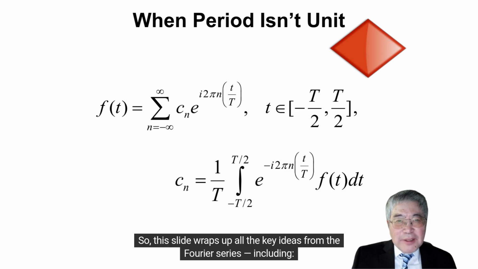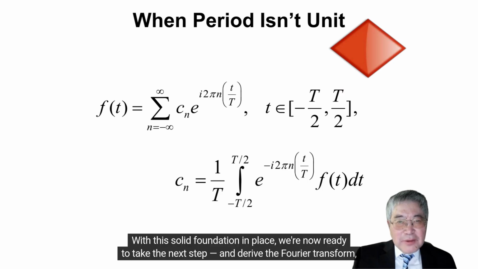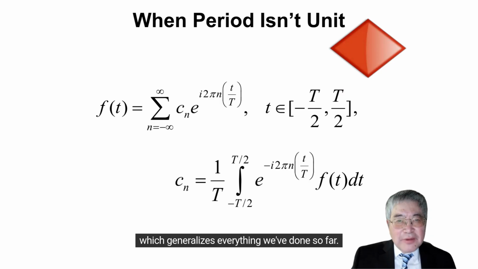So this slide wraps up all the key ideas from the Fourier series, including treating functions as periodic, expressing them with complex exponentials, and computing coefficients through integration. With this solid foundation in place, we're now ready to take the next step and derive the Fourier transform, which generalizes everything we've done so far.